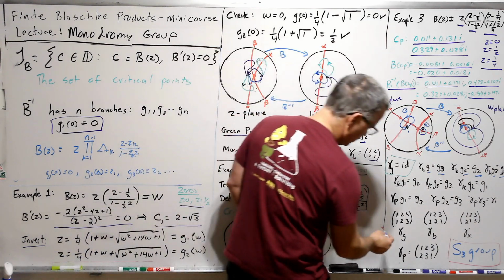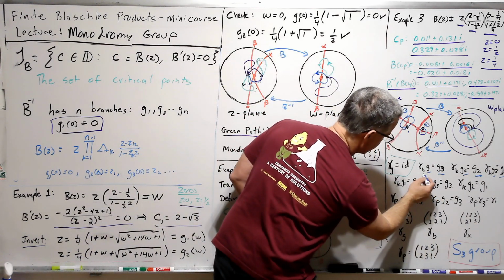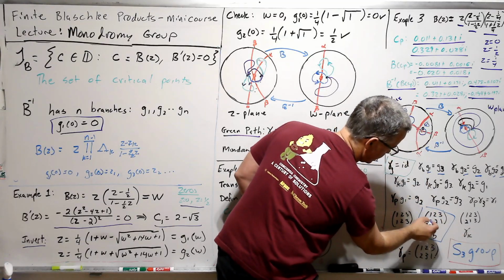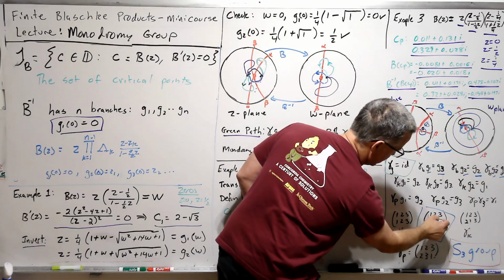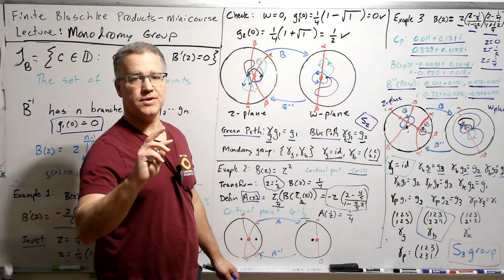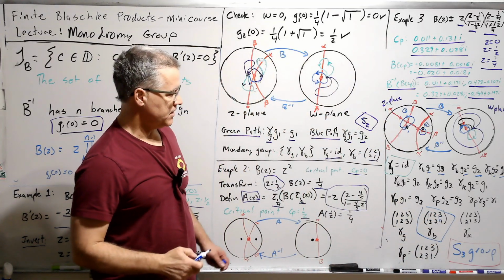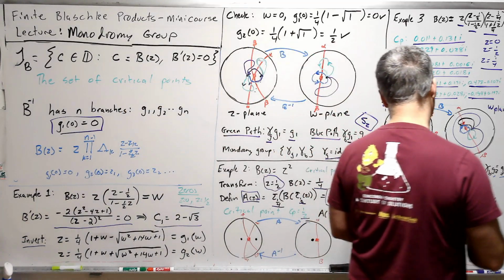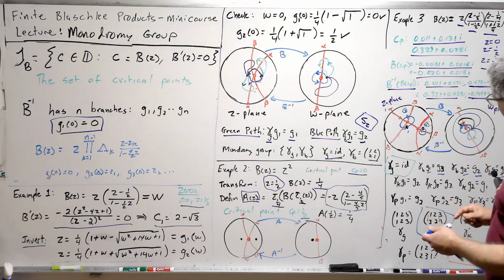So what does this do? It takes 1 to 3, 3 to 1, and it leaves 2 alone. So it's permuting 2 of the spots in this 3 spots system. Okay, so that's that curve.